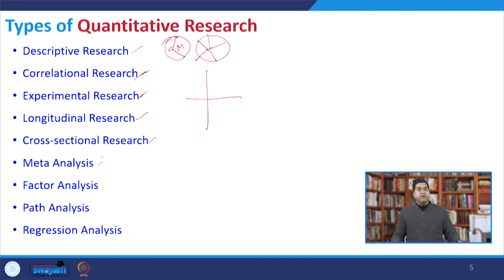Meta analysis is something very important. If you recall, we discussed it during our literature review discussion. Here you use the quantitative findings of past research and try to establish a relationship among the past findings, and also find out some effect size, etc. If you have missed that lecture, I request you to go through it.